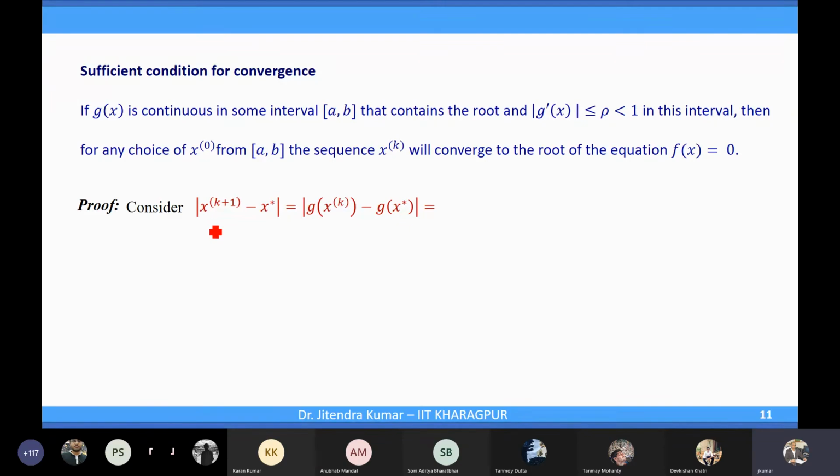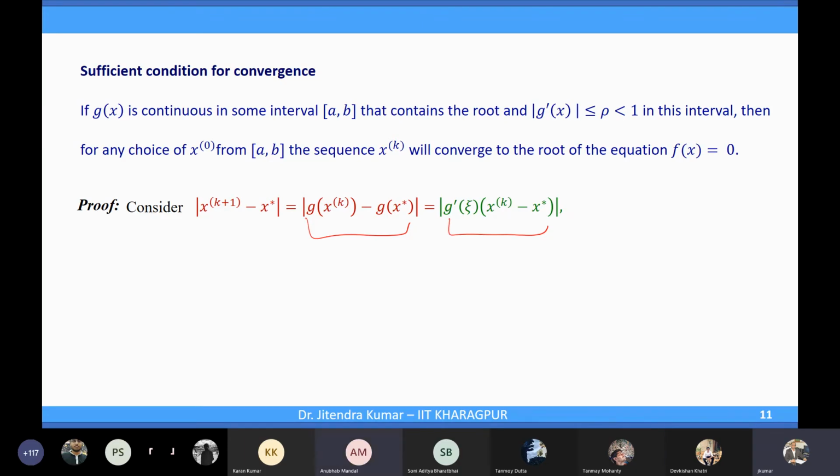So we start with x_{k+1} minus x*, that is our error, where x* is the actual solution. For instance, x_{k+1} is g(x_k), our scheme, and x* is g(x*), that's the actual value. Okay, so if you still remember, the Lagrange mean value theorem, or have you forgotten? Yes, you remember from the previous semester.